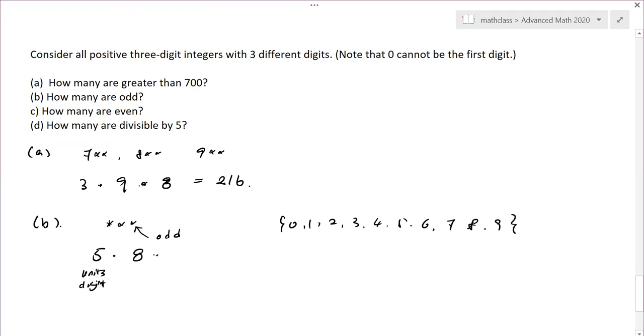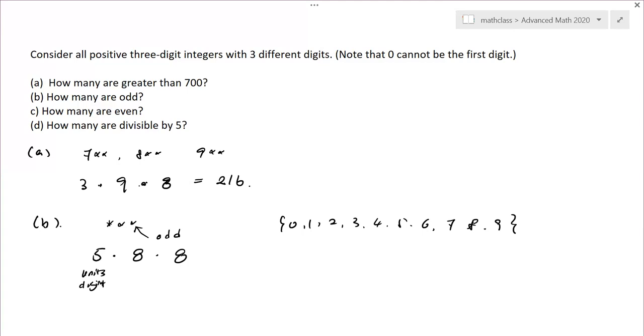Then for the tens digit, it doesn't matter, as long as it's not those 2 digits already selected. You select one for the hundreds digit and one for the units digit, so for the tens digit you have 8 digits left.